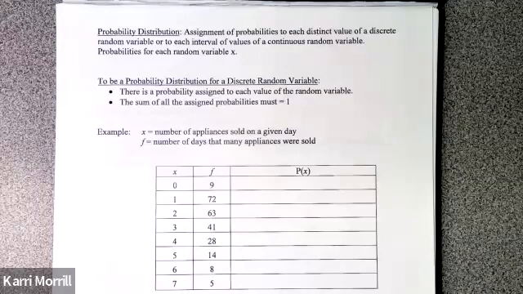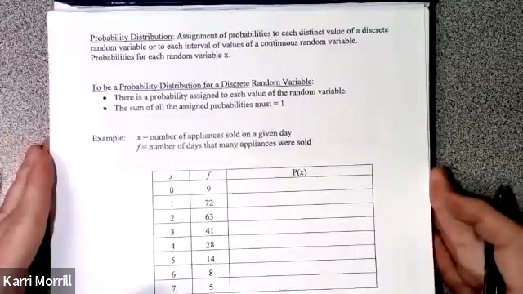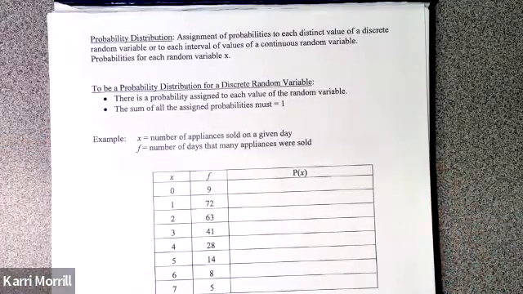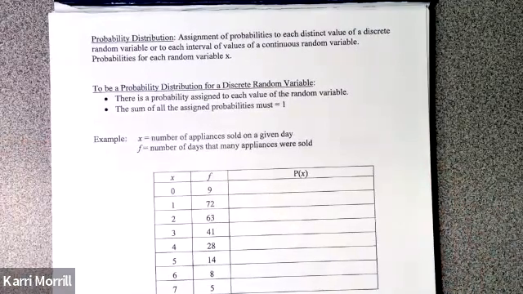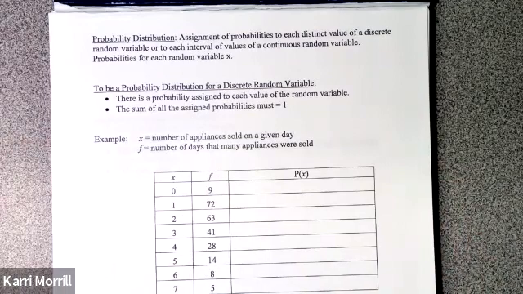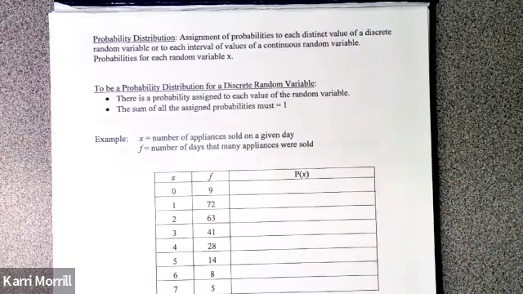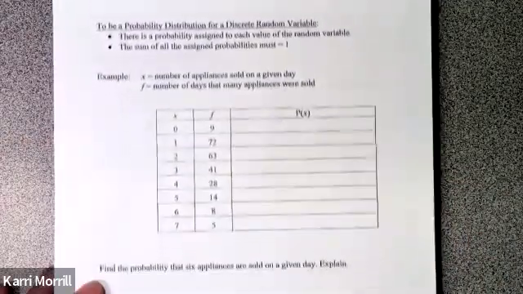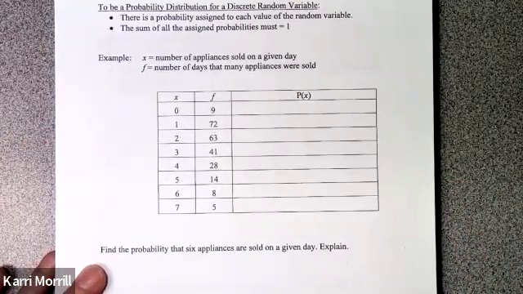It says to be a probability distribution for a discrete random variable, the first thing is there is a probability assigned to each value of the random variable. And the second thing that we need to always remember is that the sum of all these probabilities must equal 1. So we have a little chart here that kind of helps us with this example.